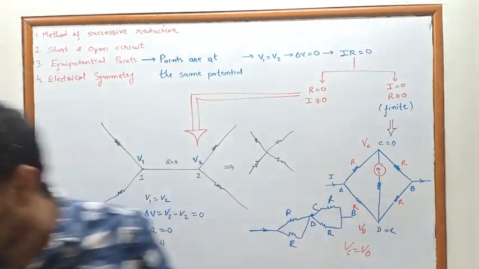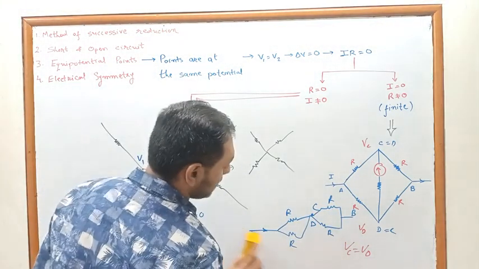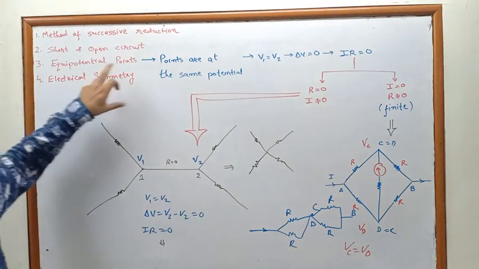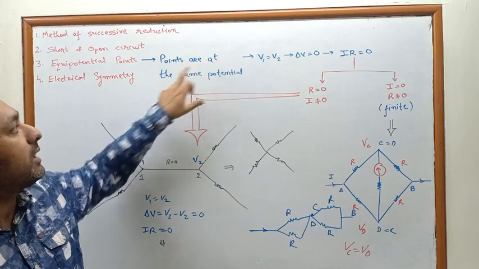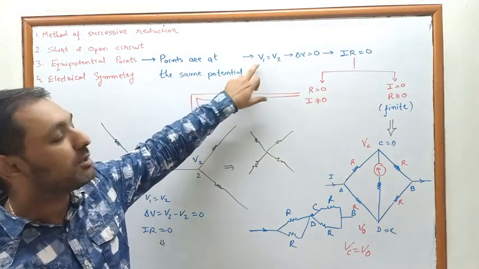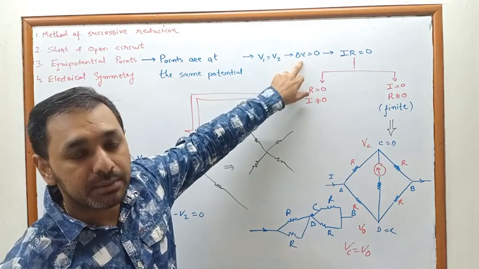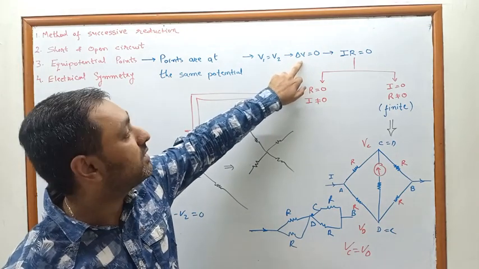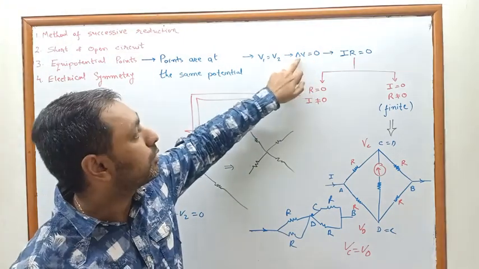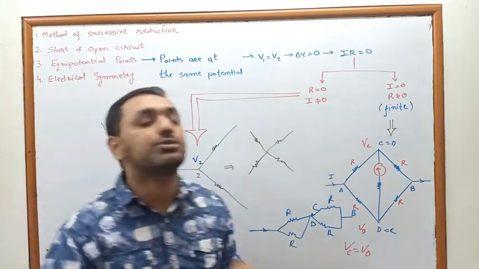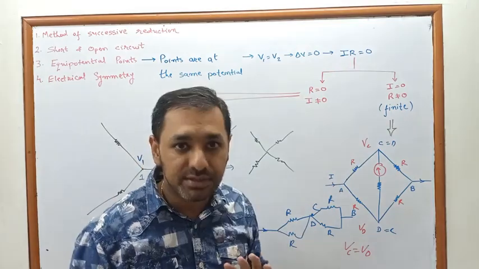So last time, let us revise it very quickly. Equipotential points means points that are at the same potential. It means V1 is equal to V2, so the potential difference between them is 0. Now if delta V is equal to 0, from Ohm's law you can say I into R is 0.